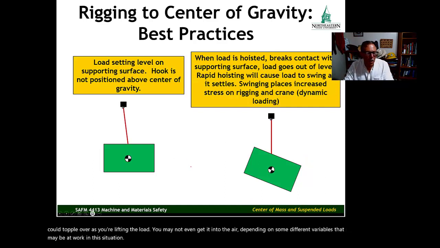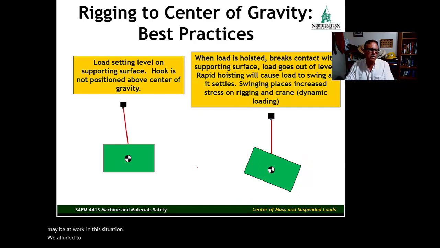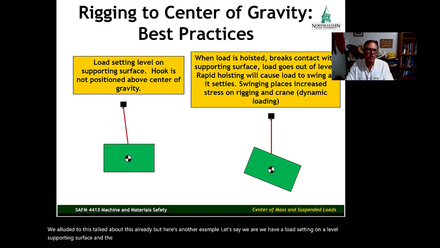We've alluded to this, talked about this already, but here's another example. Let's say we have a load sitting on a level supporting surface, and the hook is not positioned directly above the center of gravity. When this load is hoisted, when it breaks contact with the supporting surface, the load is going to go out of level.